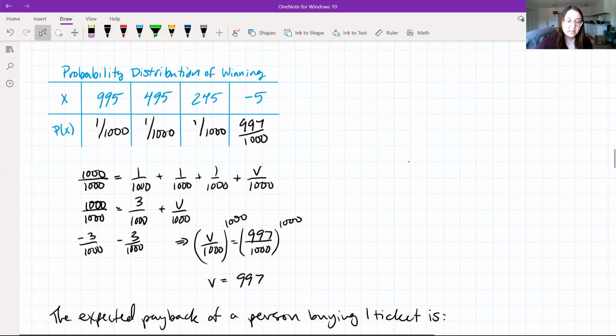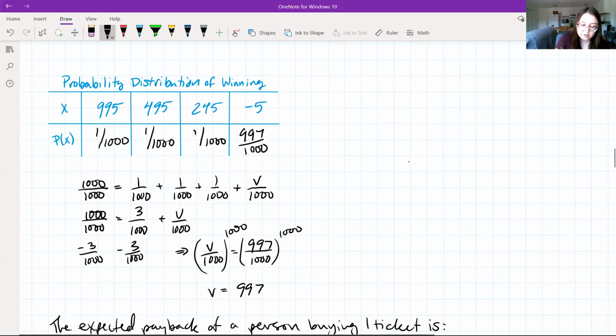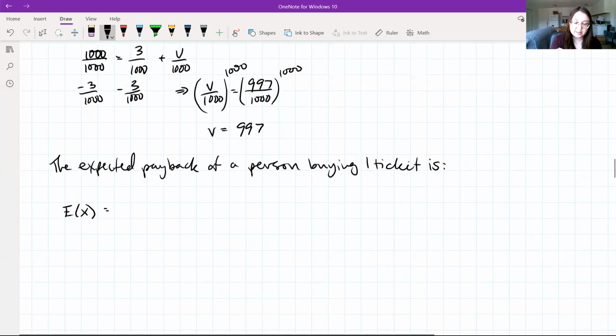So we have our x, which is our outcomes, and then we have p of x, which is their probabilities. We can say that this is like saying x sub 1, x sub 2, x sub 3, and x sub 4. Then this is like saying p sub 1, p sub 2, p sub 3, and p sub 4. So then using our definition, we just multiply these values together.